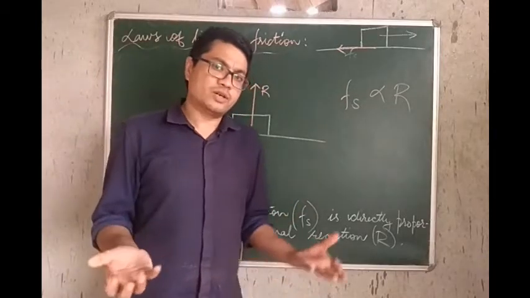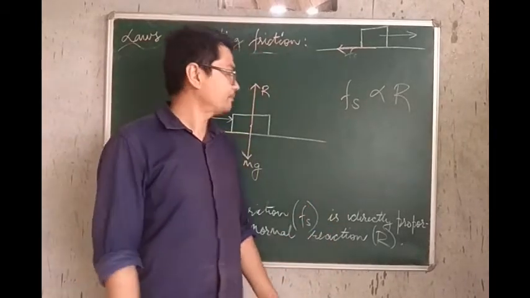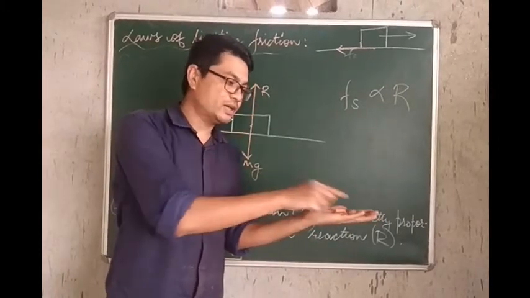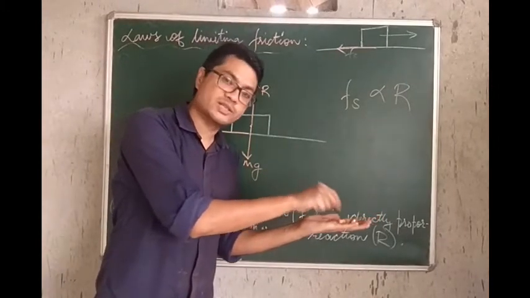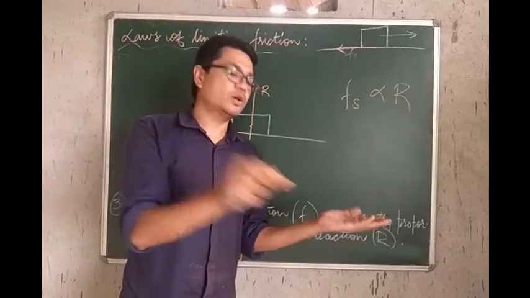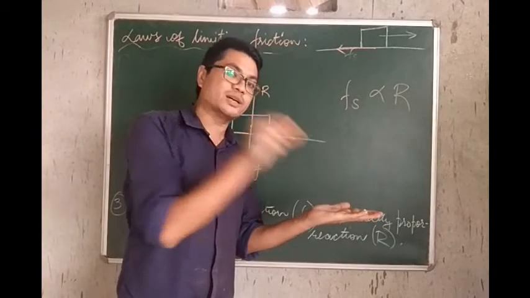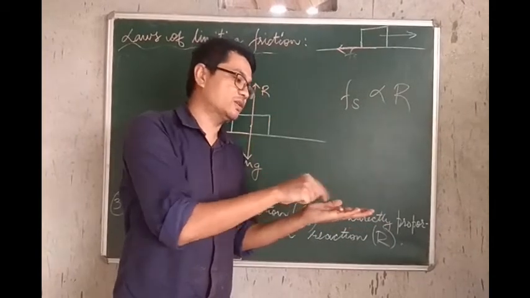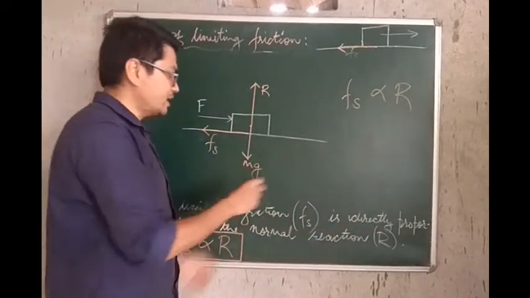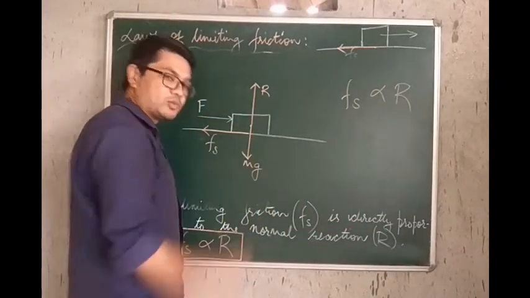You must have of course experienced this. I have a body having a very light weight. It's very easy for me to displace this body. Why? Because there is a very small value of force of friction that acts on this body, because this body has a very small weight. And don't forget, more is the weight of the body, more is the normal reaction.